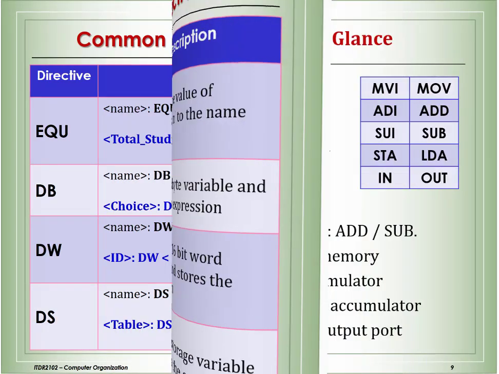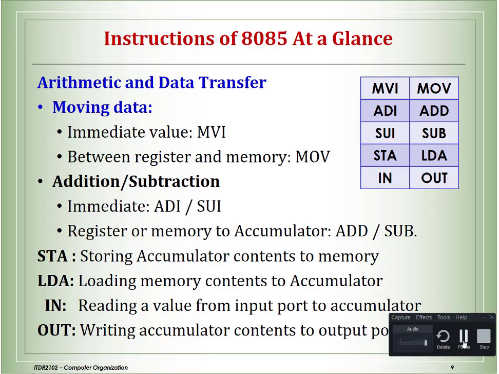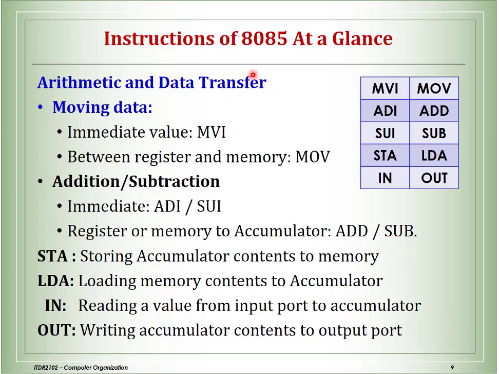Now instructions of the 8085 processor. As I told you, we will go one by one through each instruction briefly. Here you see MOV and MVI, ADD, SUB and SUI, subtraction immediate, load accumulator, store accumulator, IN and OUT.